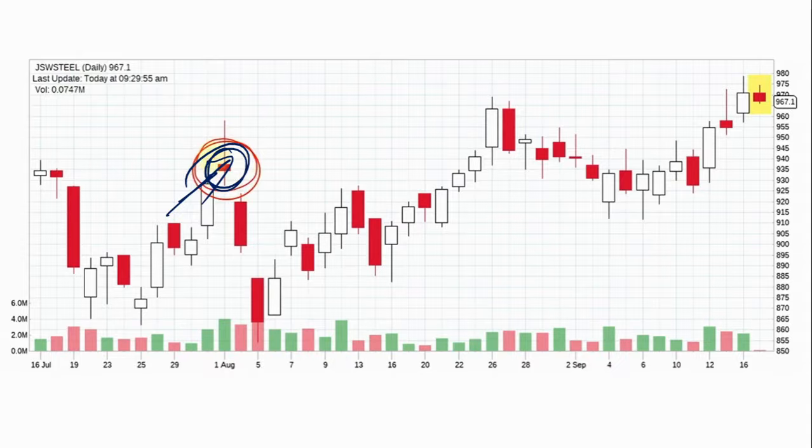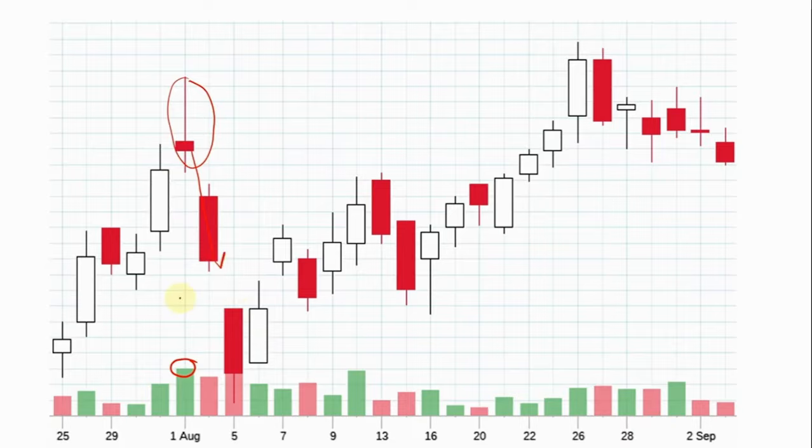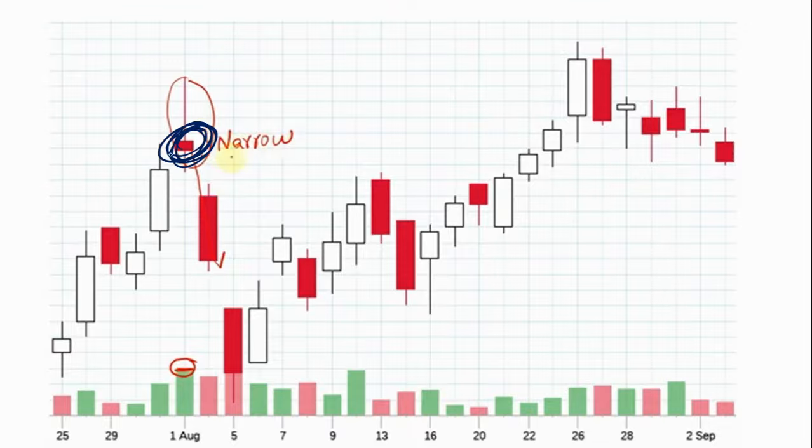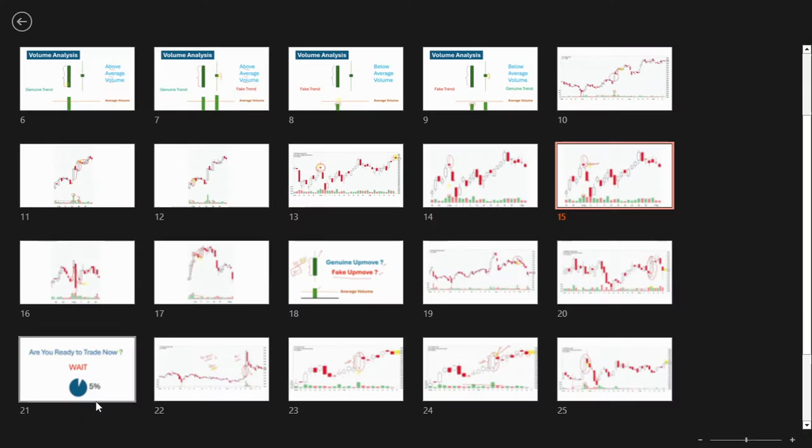In this case, the right action would be to sell the stock. Just see, same thing here. This is a doji candle with high volume. Price increased, but a trap is created, and again it will reverse. A doji means a narrow spread with high volume, isn't it?